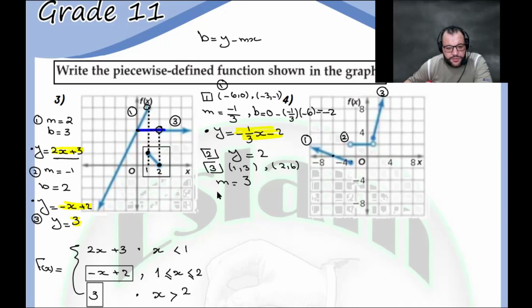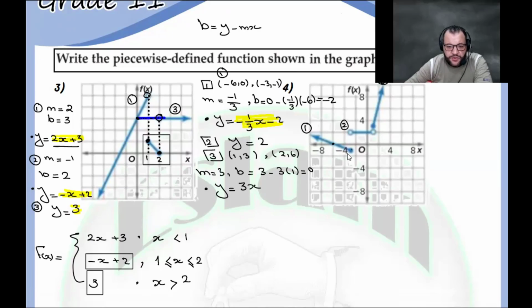And the y-intercept b equals y minus mx, which is 3 minus 3 times 1, which equals 0. So the equation now would be y equals 3x. Now we need to write the piecewise function.